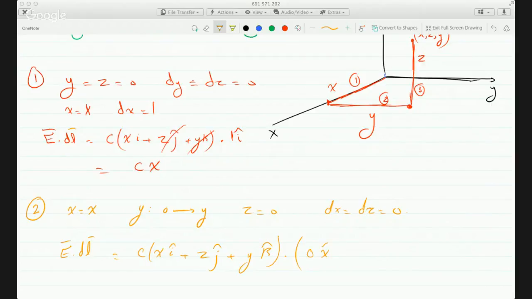Okay, and then we have 0 in the i, since dx is 0, and dy in the j, and 0 in the k.